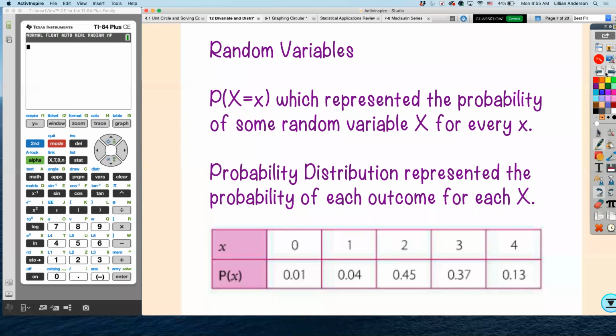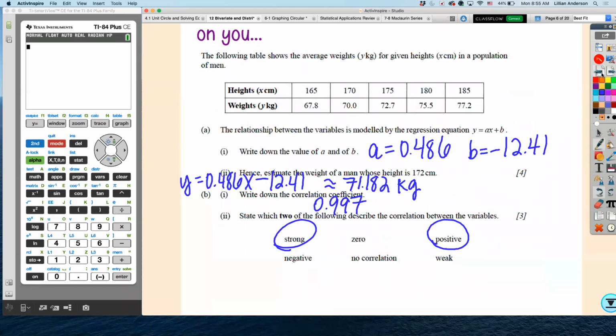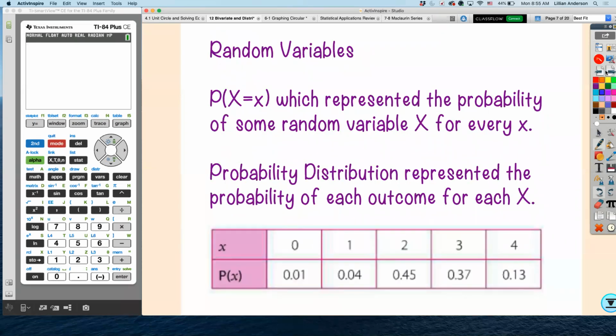Random variables. Okay, this is where we get into our distributions, because pretty much that was the bivariate analysis part of statistics. Okay, it was correlation, linear regression. For random variables is when we get into our distribution. The main thing to remember about your random variables was your probability distribution table, which is what you see on this particular slide.